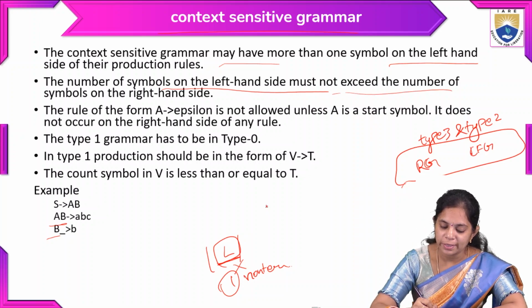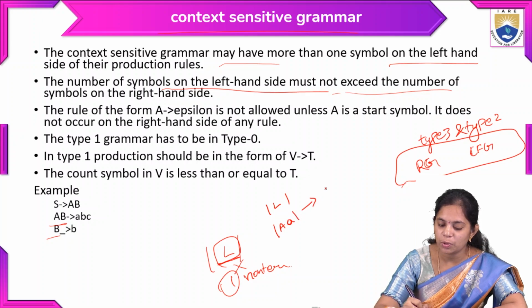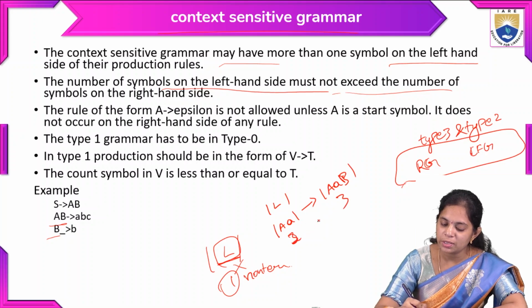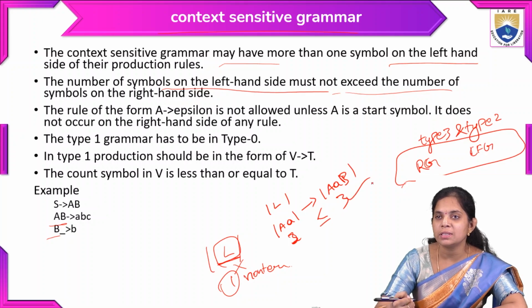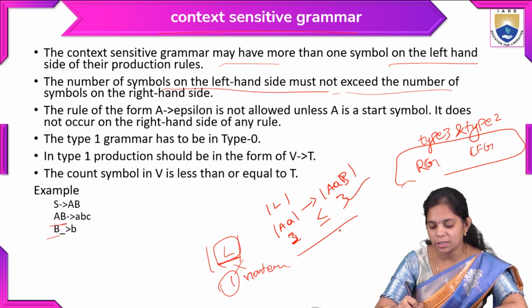So suppose AB leads to a production rule; the length of the left hand side is 2 and the right hand side is 3. This condition is satisfied, so we can say that it is a context sensitive grammar.